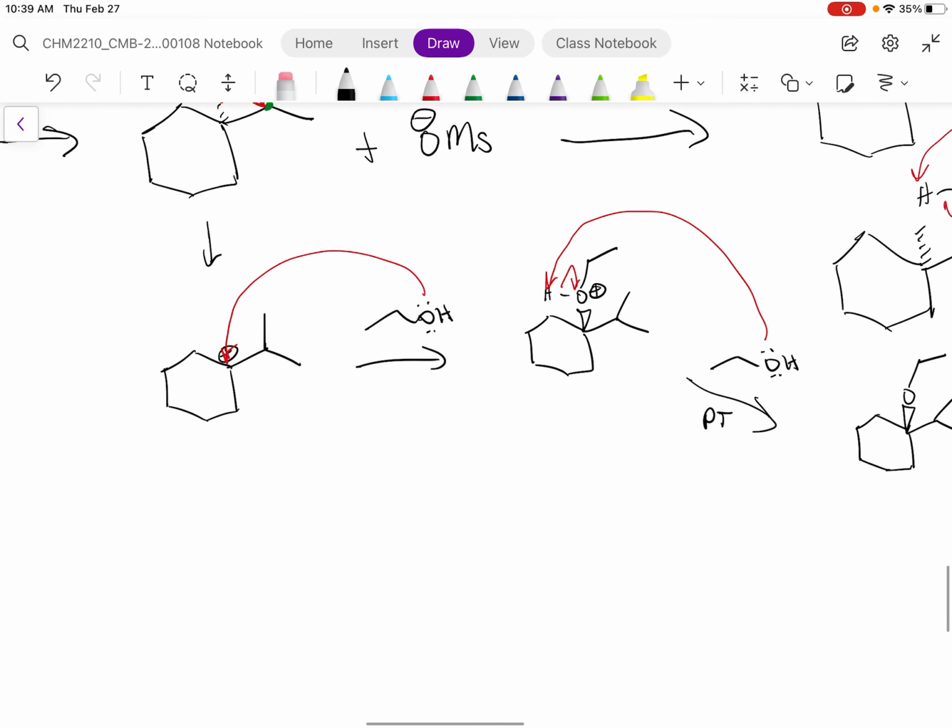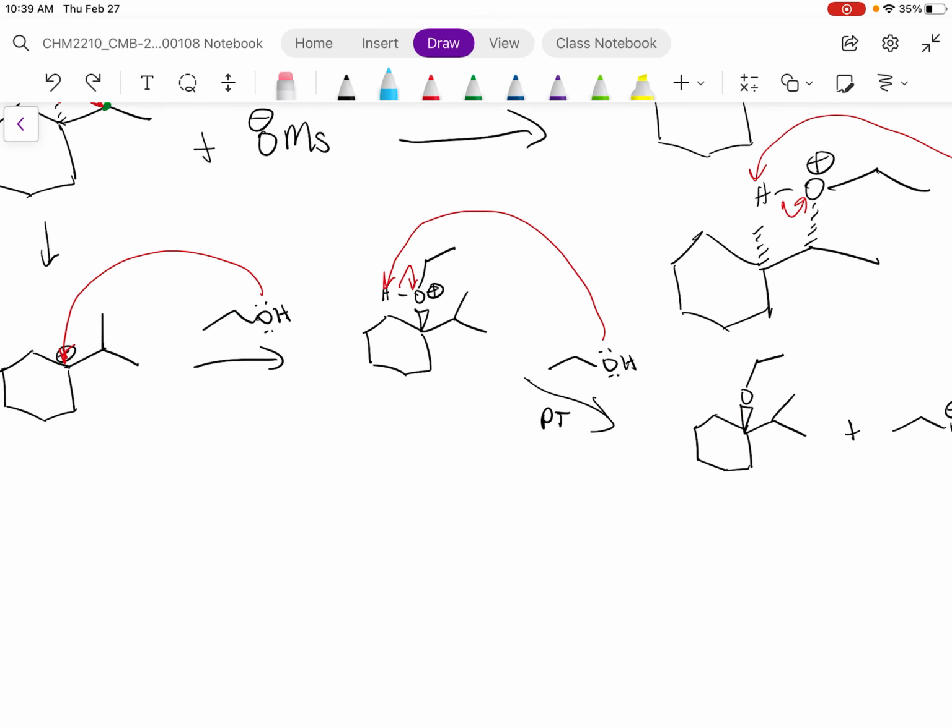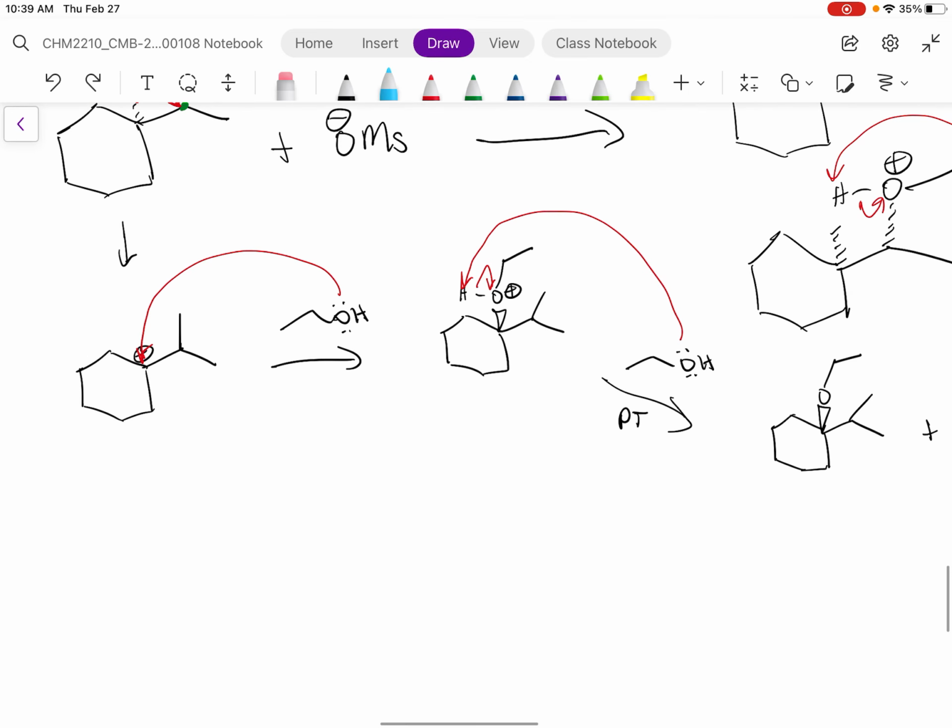But remember, since this is a carbocation right here, that is sp2 hybridized. So the p orbitals, well, that carbocation is flat, so it can attack from the top face or the bottom face. So now let's look at the bottom face. What if that comes in the bottom face? Then we will have our structure that looks like this.